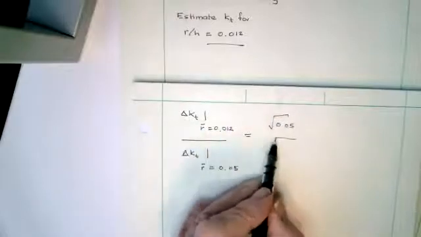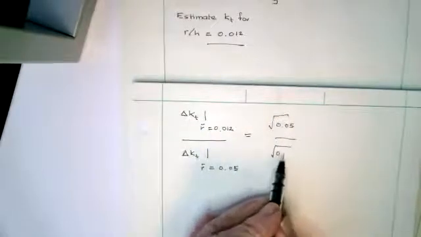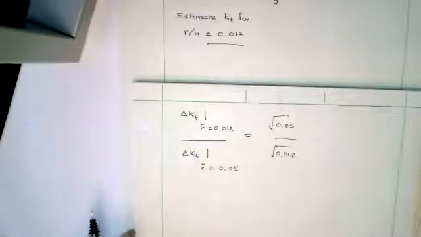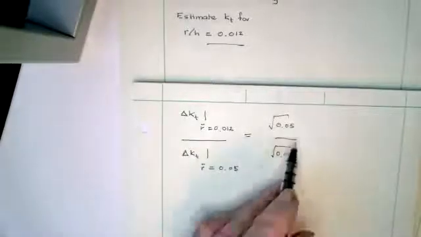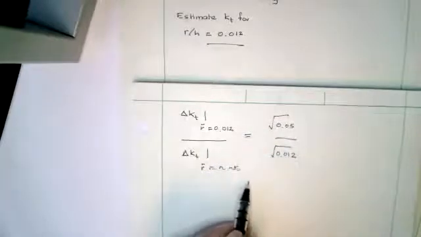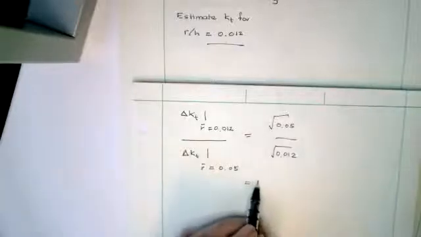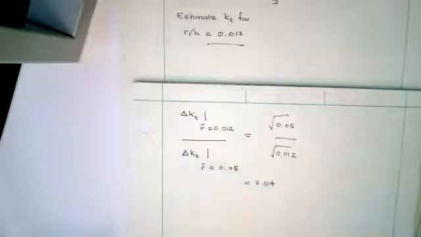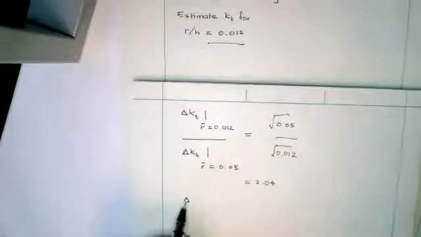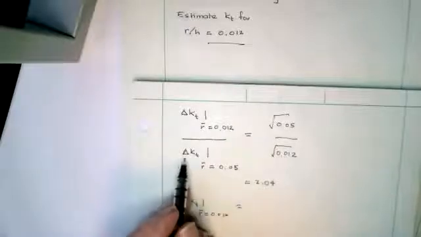And delta KT for 0.12 is proportional to one over the square root of 0.12. Okay. So if we compute that, 0.05 over 0.12, square root of a little bit over 4, that's 2.04. So delta KT for R bar equals 0.12 is this times this.